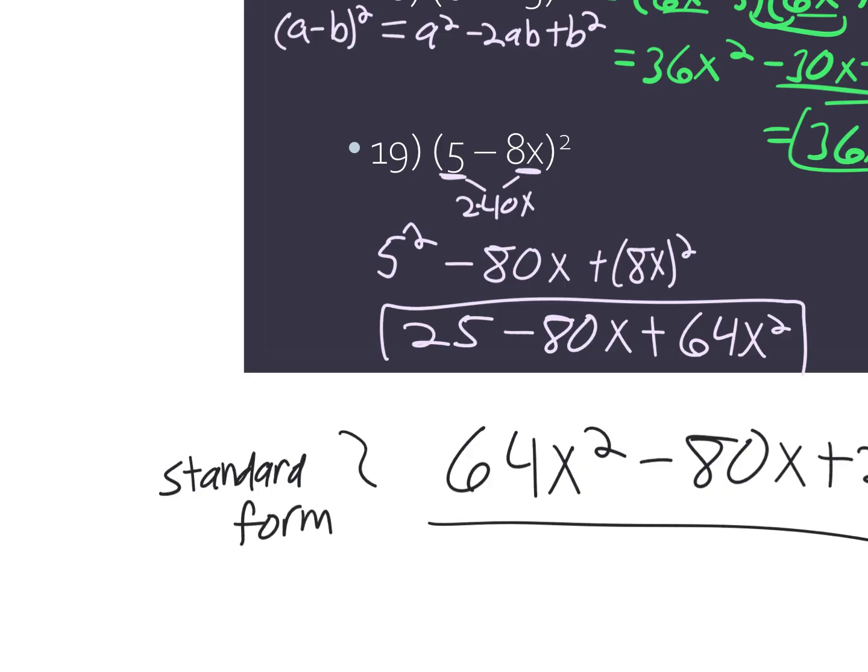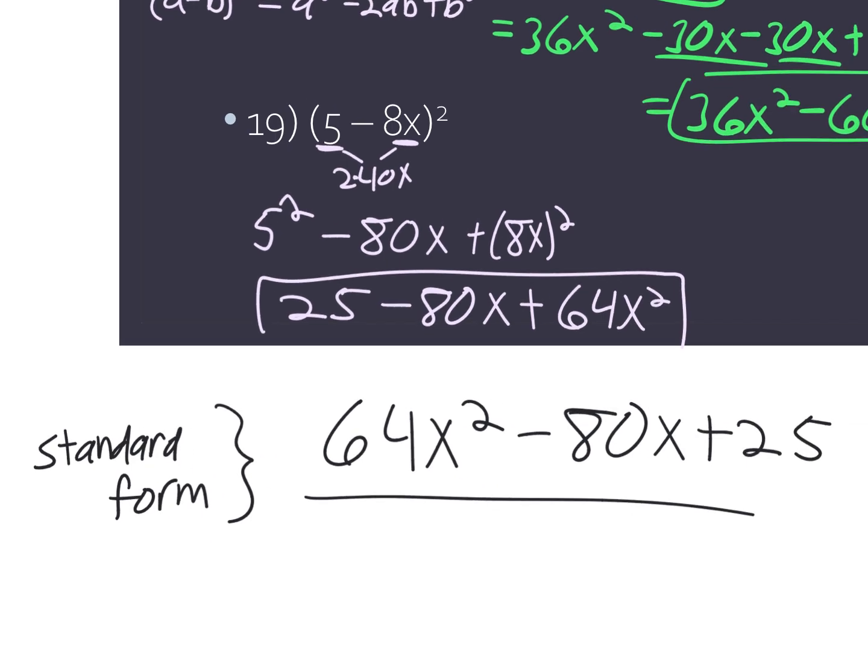It's not particularly necessary for this lesson to have it in standard form, but it's good to get into the habit of writing it in standard form just because in the future that's going to help us a lot. So standard form is when the highest exponent is first, and then the constants last, and the exponents go in decreasing order. So x squared, x, and then the constant. This is in standard form. For the sake of your test next week, I'll take either one.